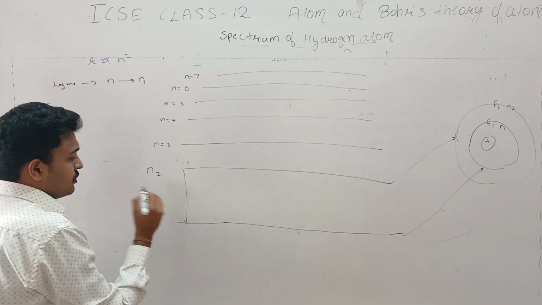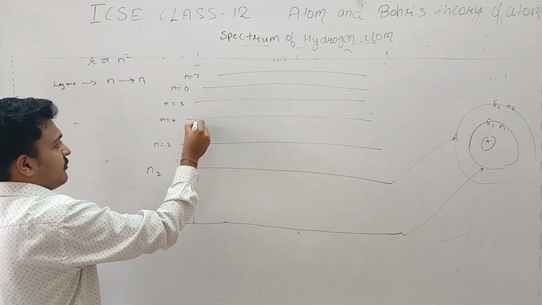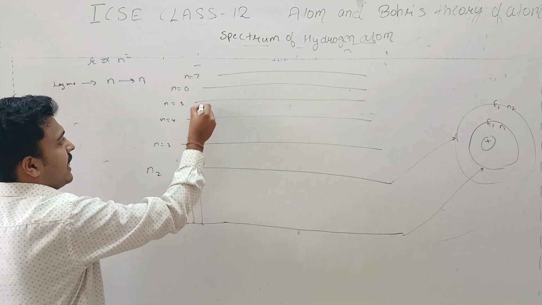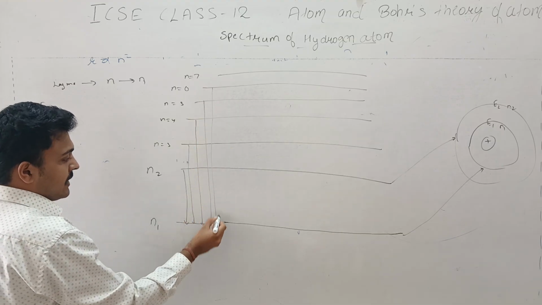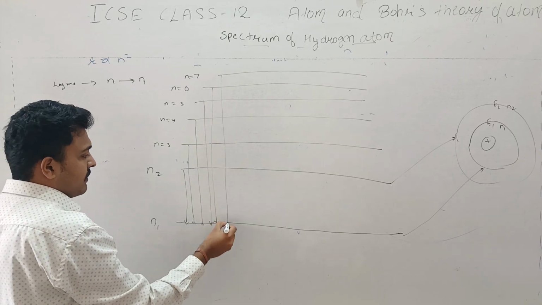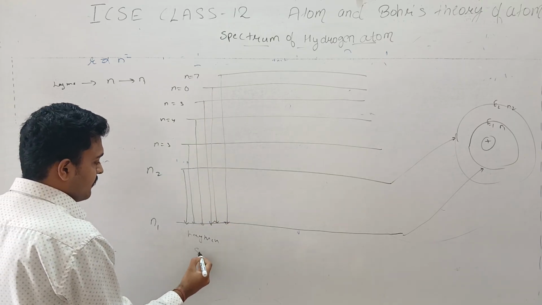It can be from n2 to n1, or from n3 to n1, but the final is n1. The starting may be any higher orbital, but the final destination is the first orbital. So this is our Lyman series.